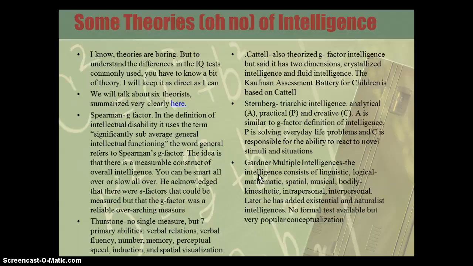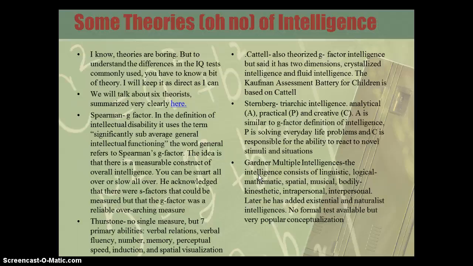Now, he admitted there are S factors that can be measured, specific factors, but that there actually was such a number as a G factor of intelligence that with this number you could compare one person to another in overall intelligence.